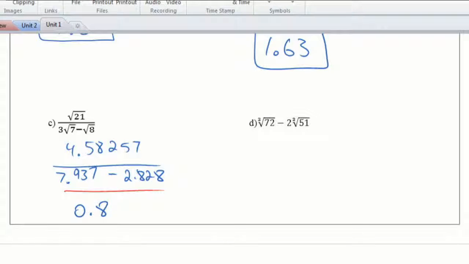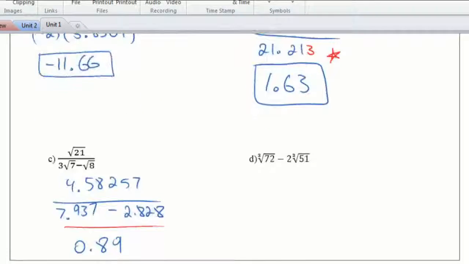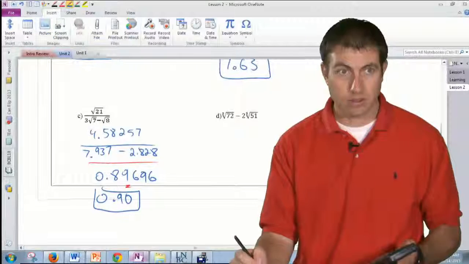So this one's perhaps a bit tricky because it's just a rounding sort of question. We get 0.89696. I need to round to the hundredths, so I'm going to round the 9 up, so that becomes 10. So I should end up with 0.90. It's a bit of a rounding question there.